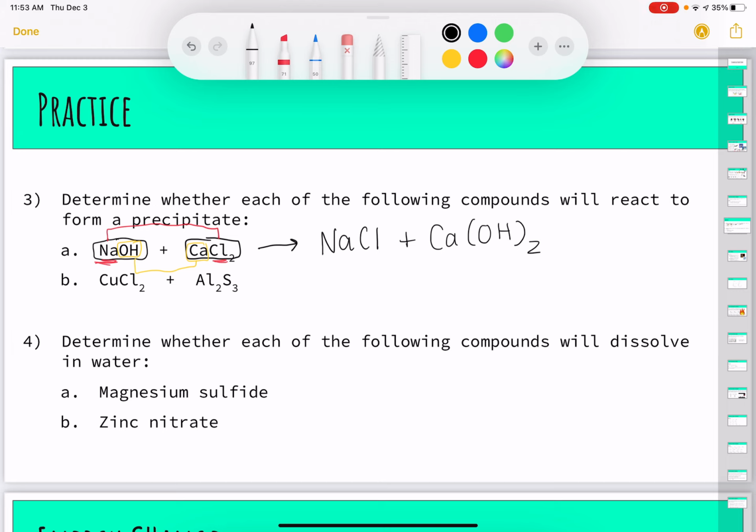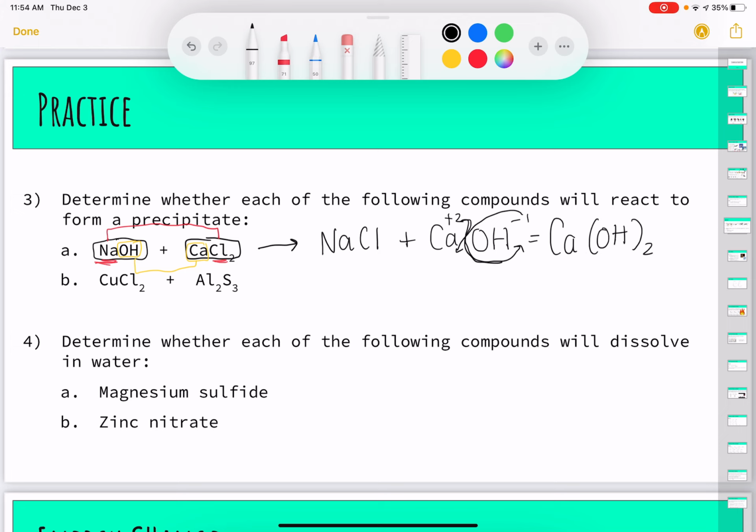I am writing this like this only to balance it, but it's really not too important to you. Remember back a couple lessons ago, I think topic 4, we would have talked about balancing when we're writing ionic compounds. So if I wrote it like this, Ca has a +2 charge, OH has a -1. So we would have to do this crossover method, like I showed you before, to get Ca(OH)2.